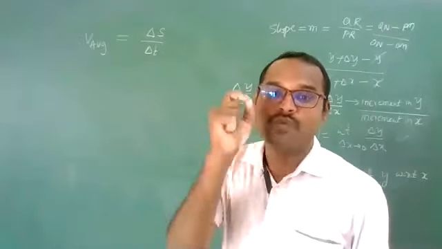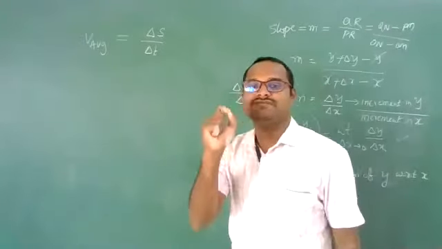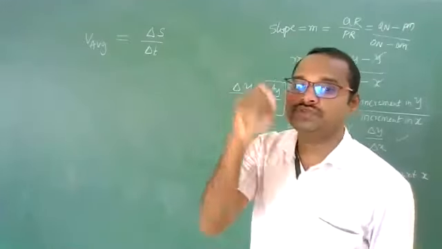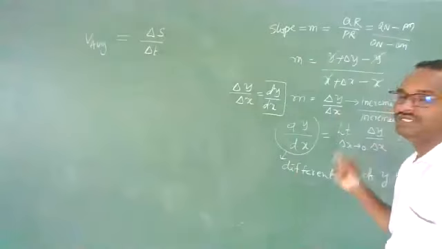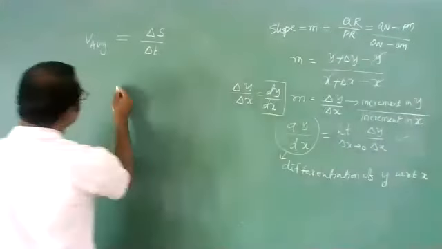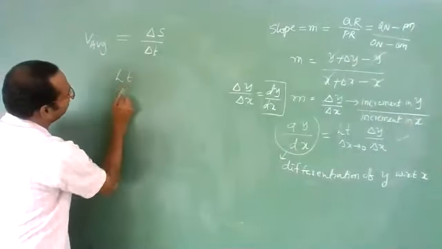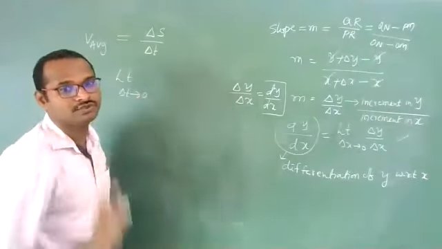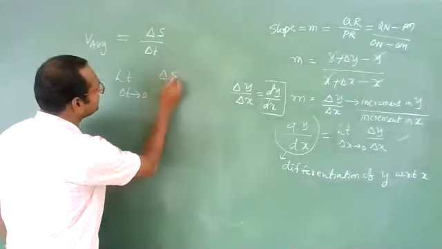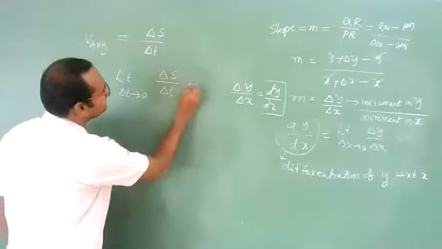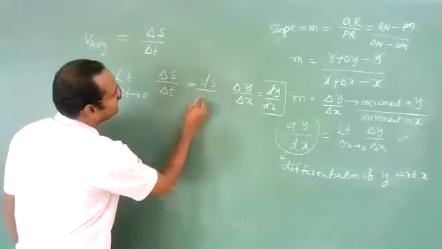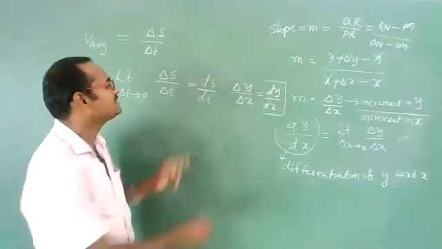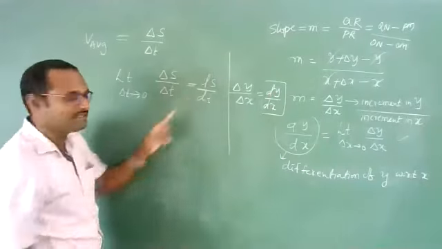Now if you want the velocity of that vehicle at one particular instant of time, then you need to apply the limiting condition. If you take the limiting value, time should approach zero, but it should not be zero. In such a case, it is called ds by dt. As it became dy by dx, in the same way it becomes ds by dt.